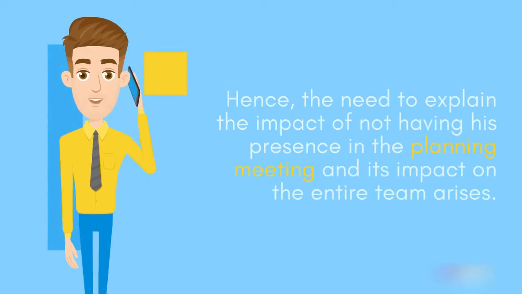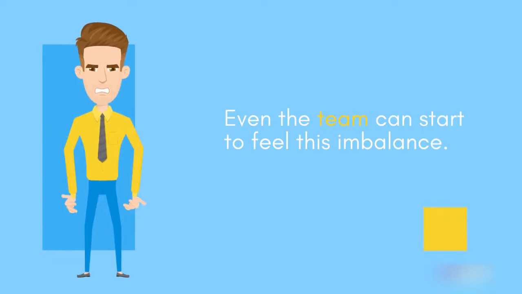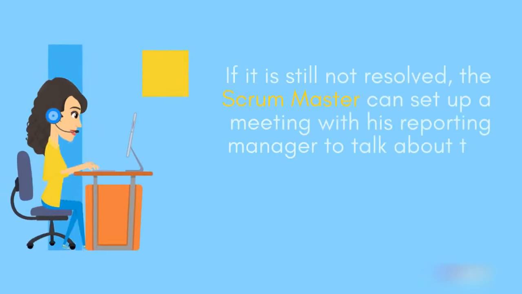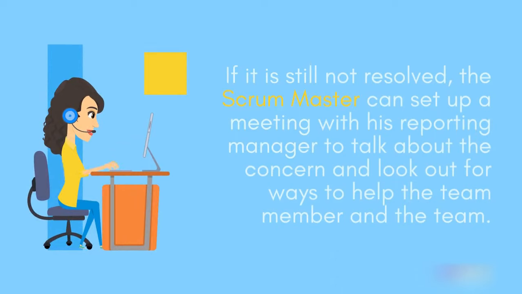Hence, the need to explain the impact of not having his presence in the planning meeting and its impact on the entire team arises. Even the team can start to feel this imbalance. If it is still not resolved, the Scrum Master can set up a meeting with his reporting manager to talk about the concern and look for ways to help the team member and the team.